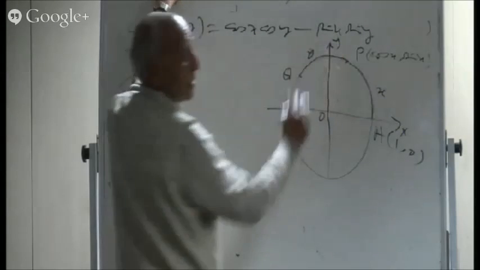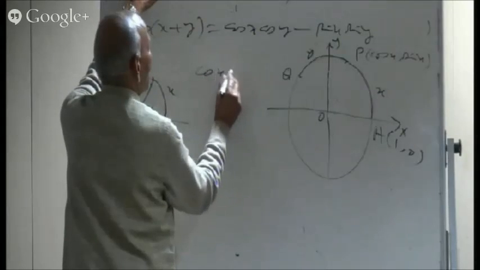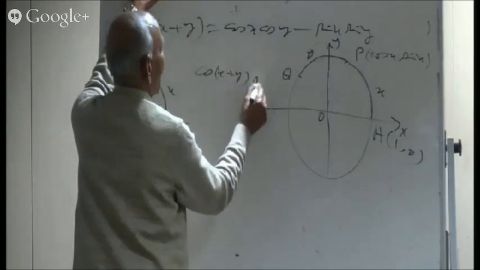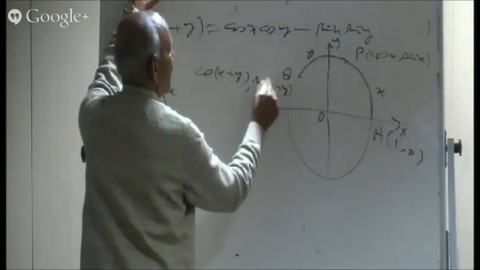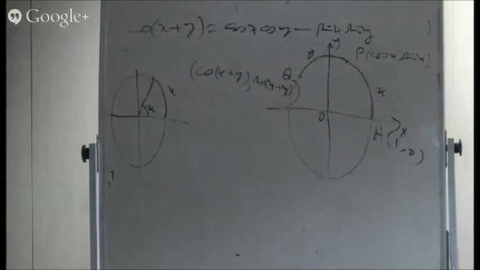This length is y. So coordinates of Q point should be cos of x plus y and sine of x plus y. Is it right? Any burden on the brain? Clear situation? So coordinates of Q point will be cos of x plus y and sine of x plus y. Is it right? So that is a type of situation.